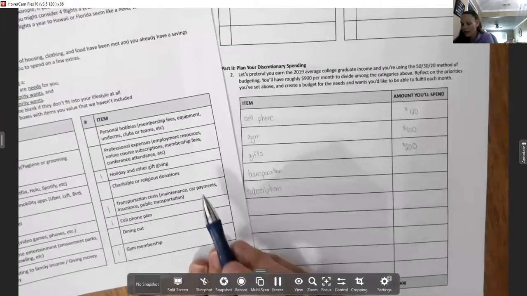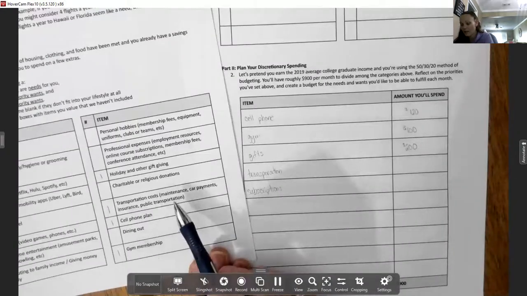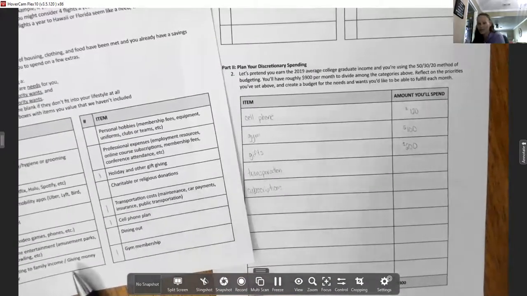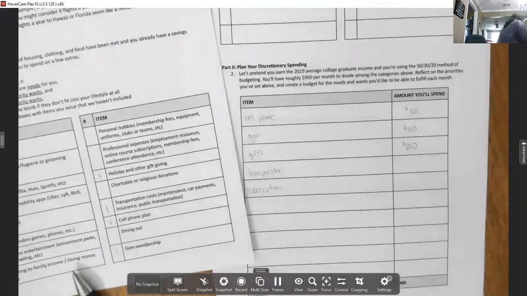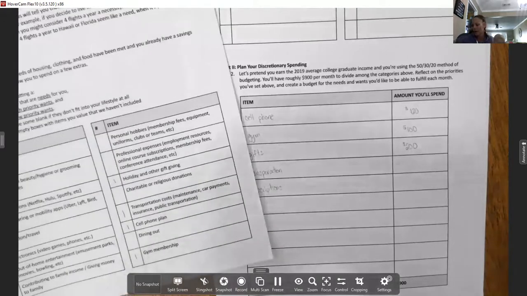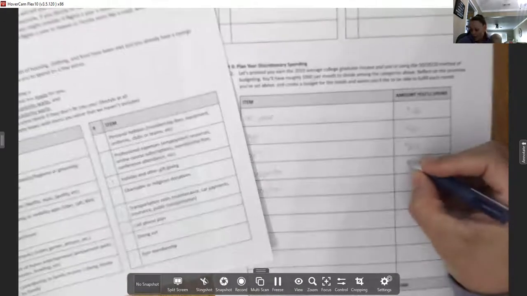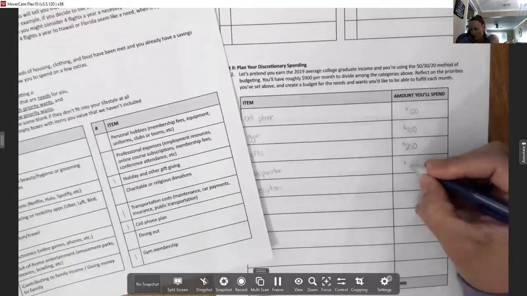Car, that's going to be car payments, maintenance, insurance. That's going to be a big expense, which you can approximate. We're going to do more with the budget later, but maybe ask, hey, how much do you think my car insurance and my car payment are going to be? And gas, depending on what kind of car you have, maybe $500.